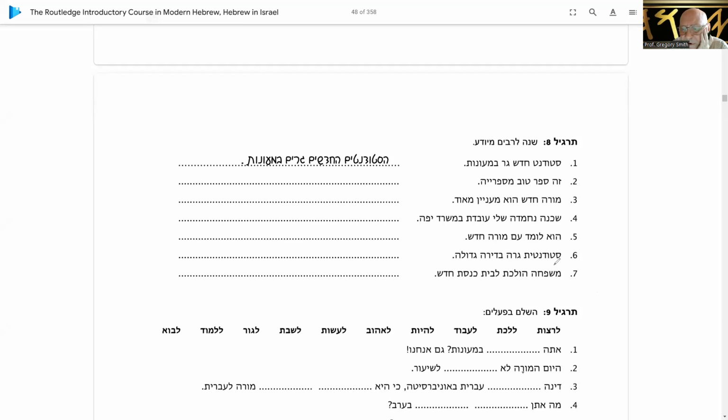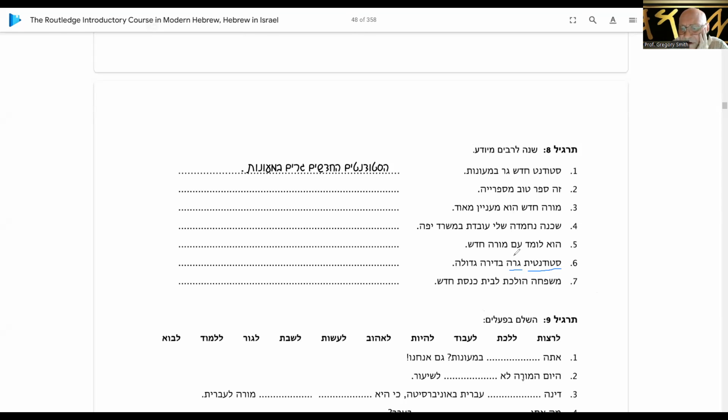All right, so number 6, studentit gara. Notice this is feminine. See, a student is dwelling badira gadola. A student dwells on a big street. Badira gadola.